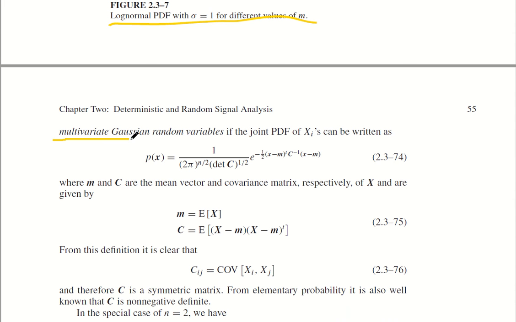Then jointly Gaussian. We have multivariate Gaussian random variables. If a joint PDF of xi can be written this way, and the fact is, if it's a joint Gaussian, it has to be able to be written in this way.